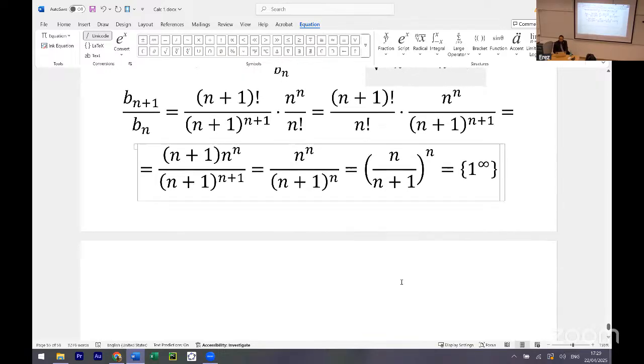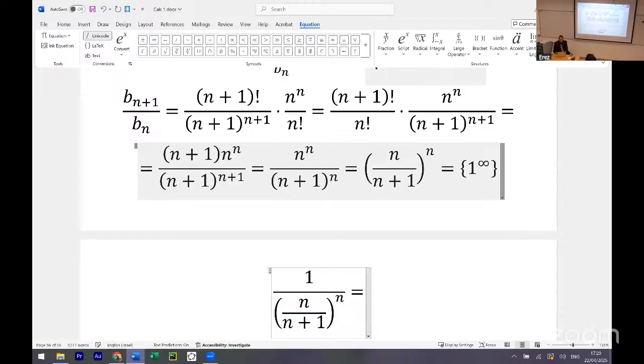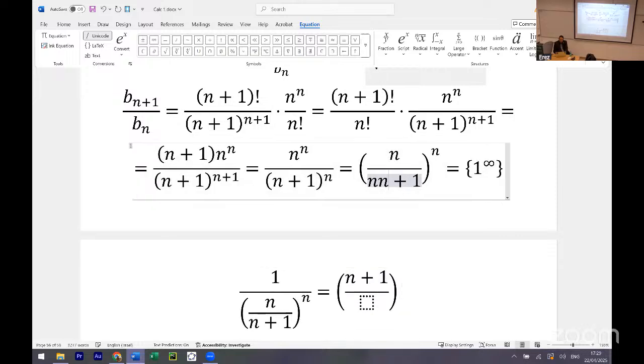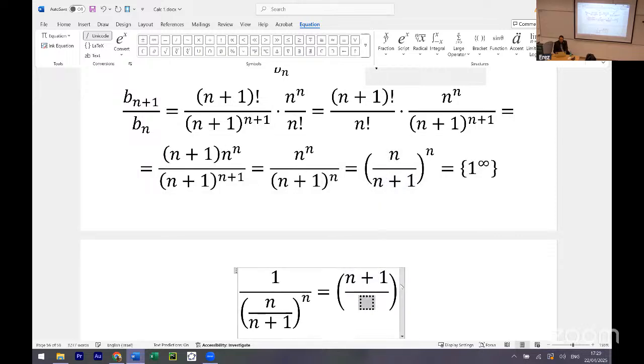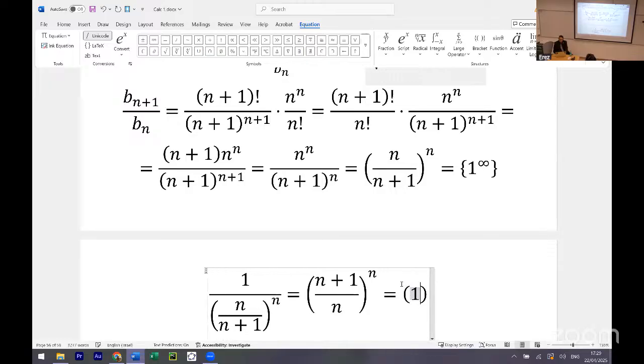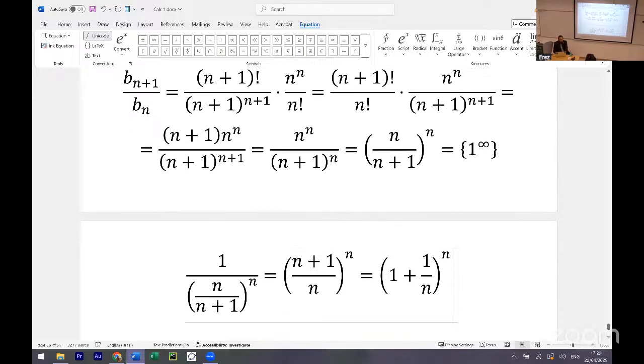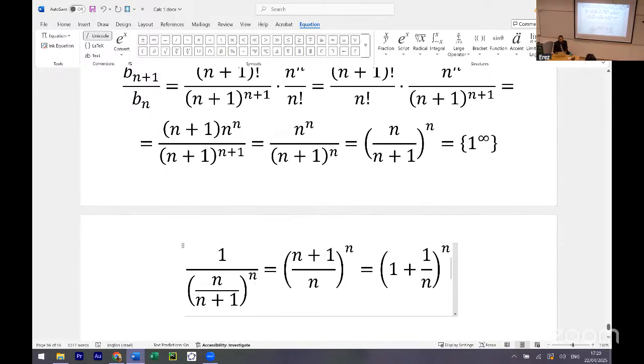I just wish to tell you at this point, and to notice, that 1 over n plus 1 over n to the power of n is n over n plus 1 to the power of n, which is 1 plus 1 over n to the power of n, which you still don't know, I think.